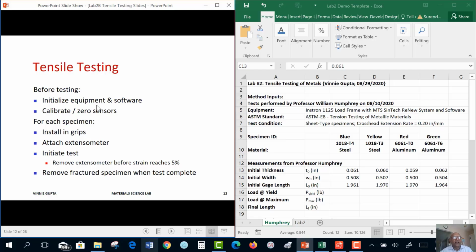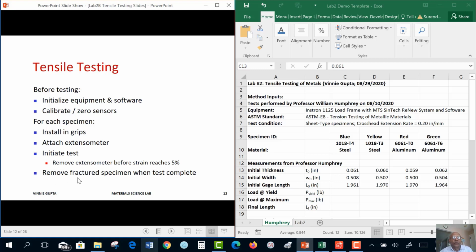Okay, and here we have all 4 completed specimens, and we're ready to start testing. We initialize our equipment and software, we calibrate and zero the sensors. And for each specimen, we will install the specimen in grips, attach the extensometer, initiate the test, and remove the extensometer before strain reaches 5%.